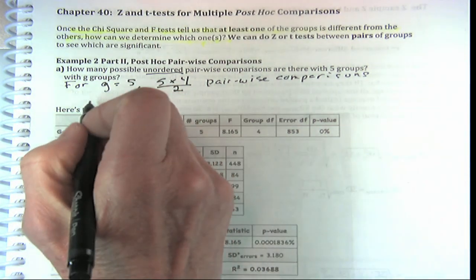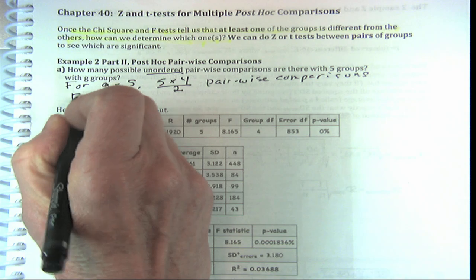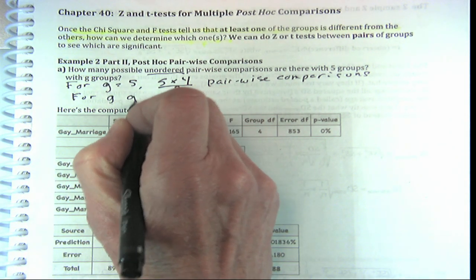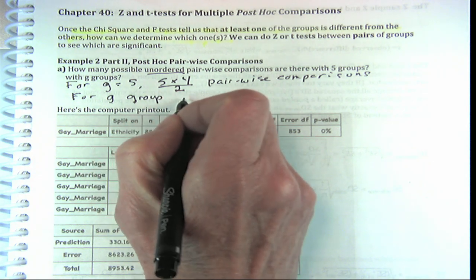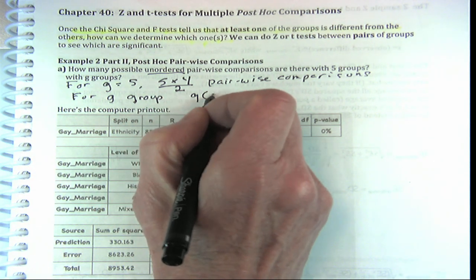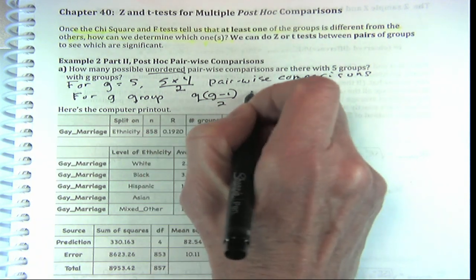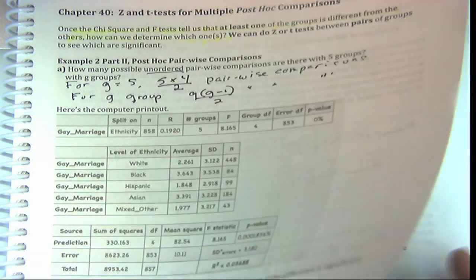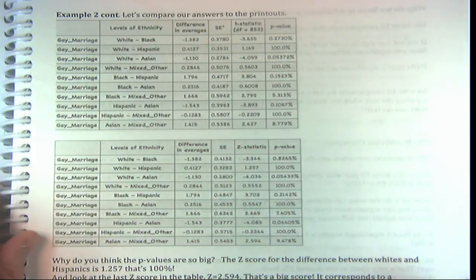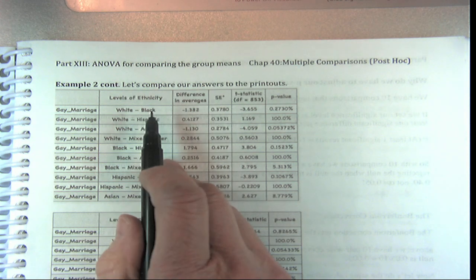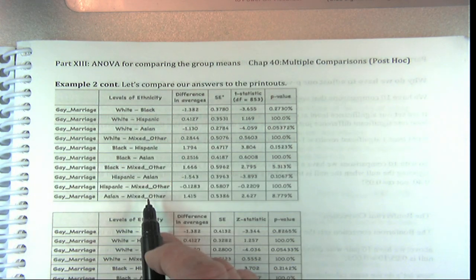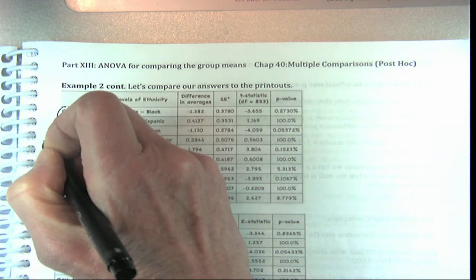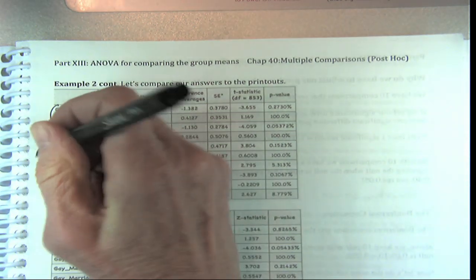So for G groups, the number of comparisons is G times G minus 1 over 2. You can look at these on page 184, and you can see what I mean. Here are the 10 comparisons right here.